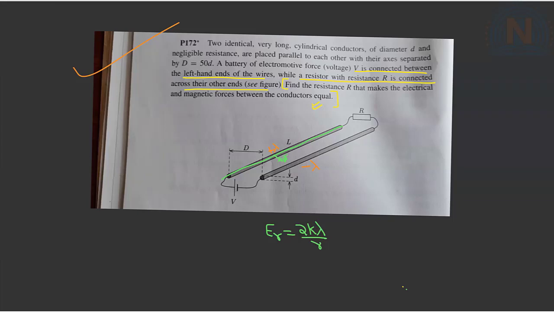So my idea was simple: if I multiply it by dr and integrate it from the surface of the first conductor, that is r equal to capital D by 2, to r equal to small d by 2, from the surface of one to the surface of the other, so capital D minus small d by 2, I will have a potential drop which is actually equal to V by 2. That is my equation number 1.